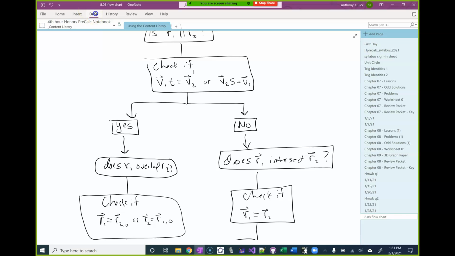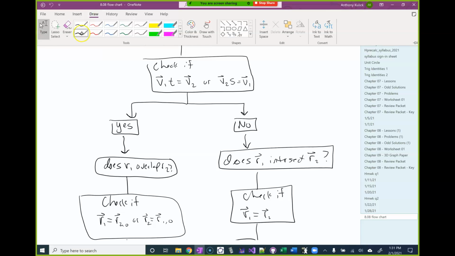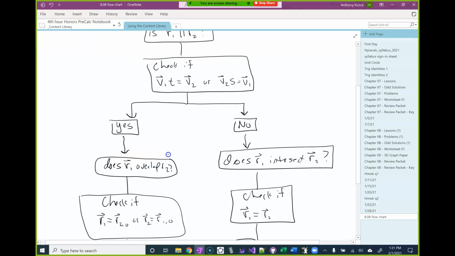So basically, if I have 2 lines that are parallel, if they have one point in common, all of their points would be in common, right? If I have 2 lines that are parallel that both contain the point 1, 2, then the 2 lines are coinciding. Everybody agree with that idea?